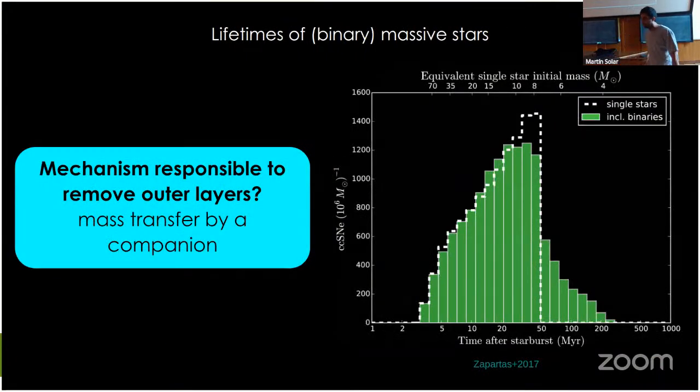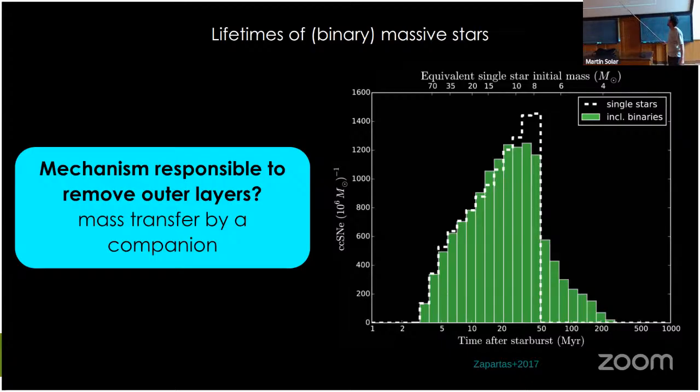And now we have the histogram, the same here by this dashed white line for single stars, showing how long they live, the time after the stars form. So that's something between 3 and 50 million years.